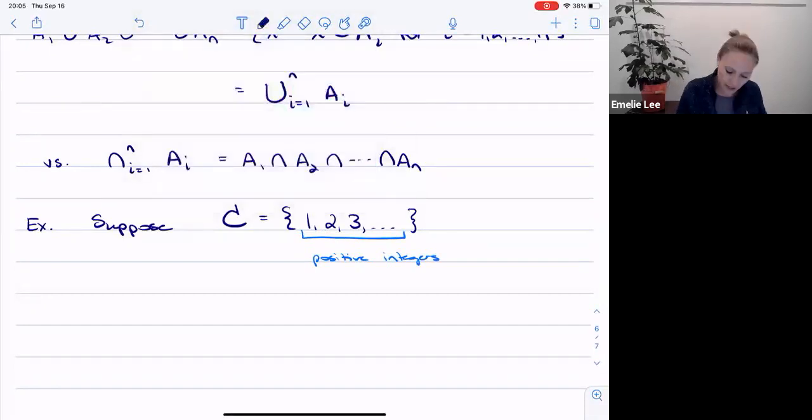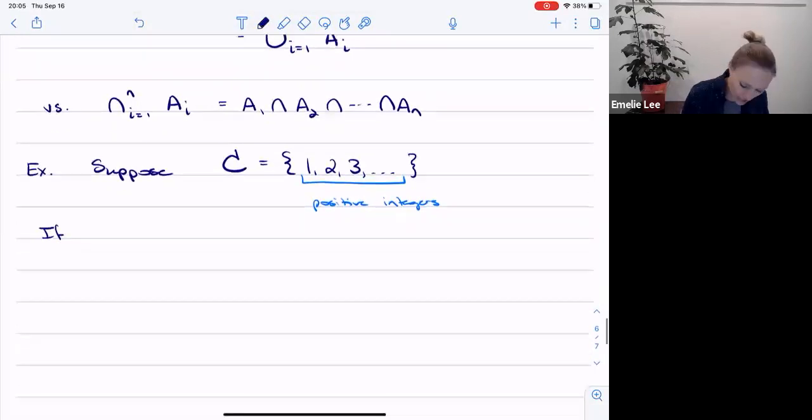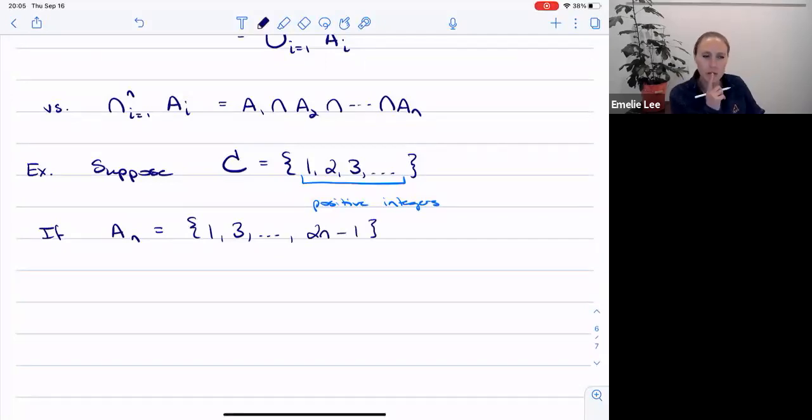And then we're going to say that A subscript n is the set from 1, 3 up to 2n minus 1. 2n minus 1 makes an odd number, because we're taking any integer n.